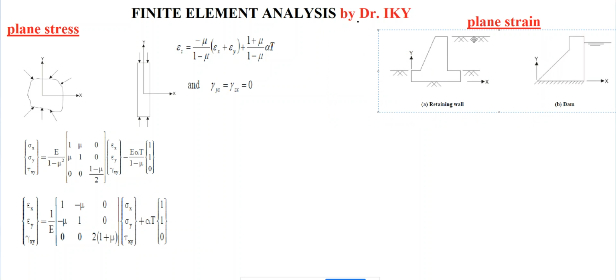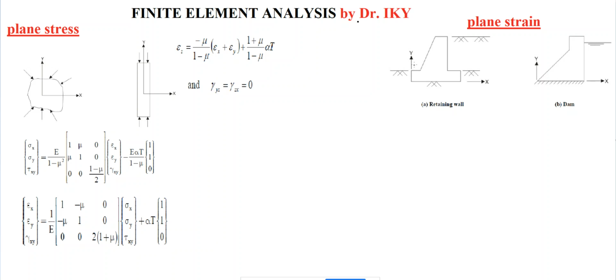A retaining wall is filled with, for example, concrete or soil, or here a dam, a barrage, filled with water. The same. When you look in depth, this is x, y, and z. If you look at the minus z direction here, it just continues the same, and the same in the z direction also. So these are plane strain models.